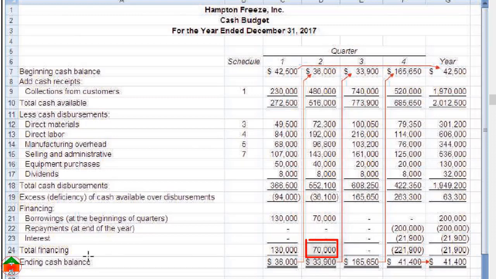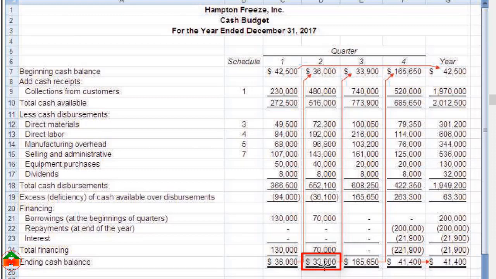Since our total financing is 70,000 and we have a deficiency of 36,100, by adjusting these 2 items, ultimately we will get an ending cash balance of 33,900 by deducting 36,100 from the 70,000. This is the ending cash balance of the second quarter.